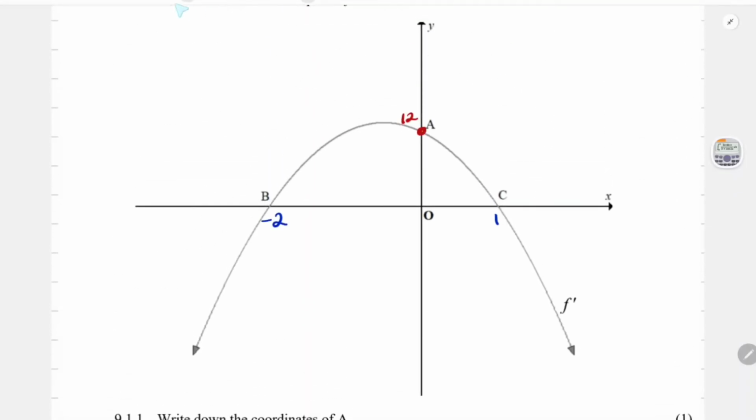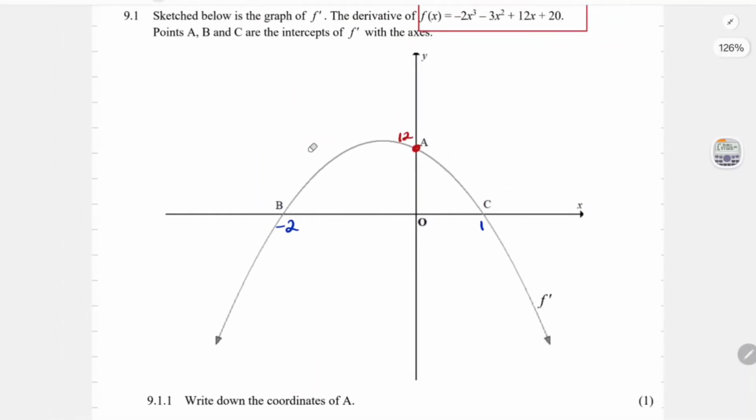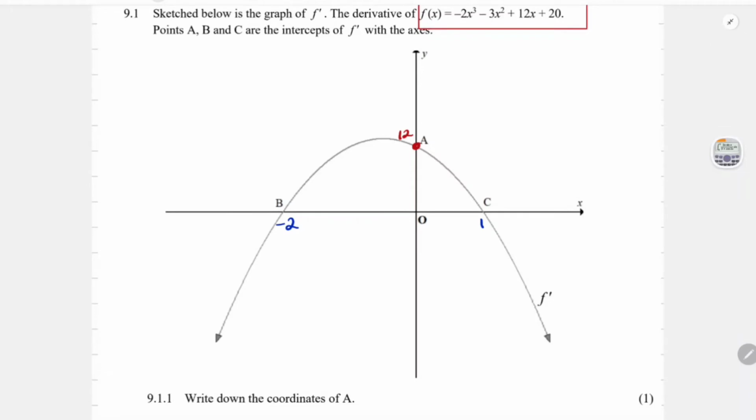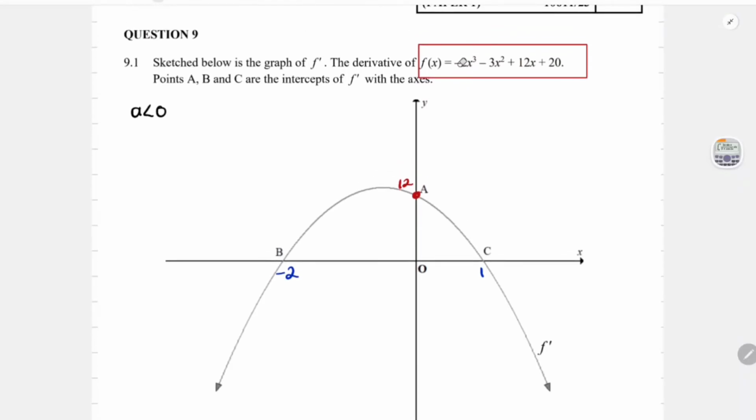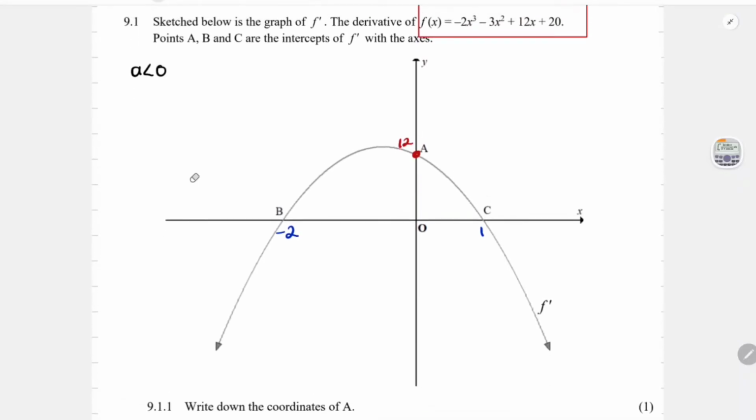With a cubic function, this is the derivative of that cubic function. Because this is concave down, it means your cubic function's a value was negative from the beginning. That's why, as you can see, it is negative. So it's going to form an upside down n, or backwards n, really.